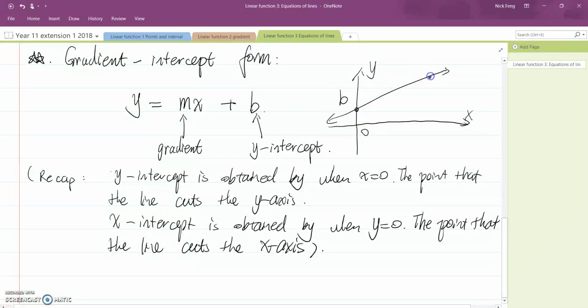And imagine if we have a point here called x and y, using the gradient formula, with the other point 0 and b, the gradient in this case equals y minus b over x minus 0. If you rearrange it, making y the subject, you get this formula. You use this formula a lot, so please do remember it, and do remember what m represents and what b represents. That's the gradient, and that is the y-intercept.